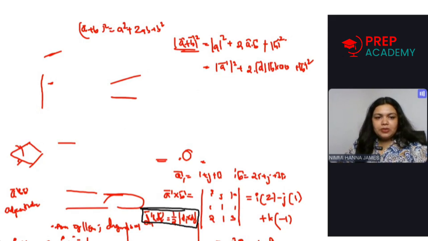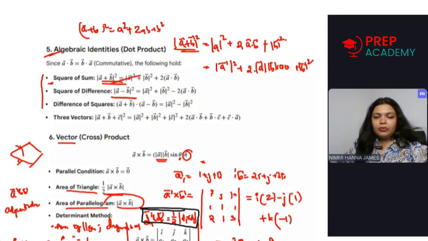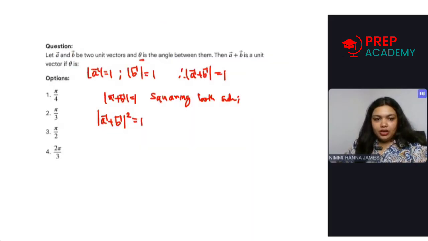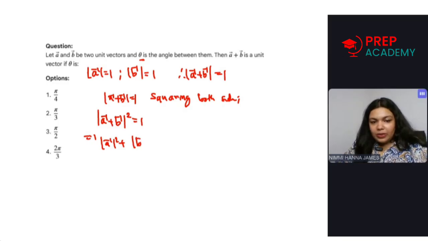From the first formula, a plus b the whole square is mod a square plus mod b square plus 2 a dot b. And a dot b is mod a into mod b into cos theta, so that equals 1.